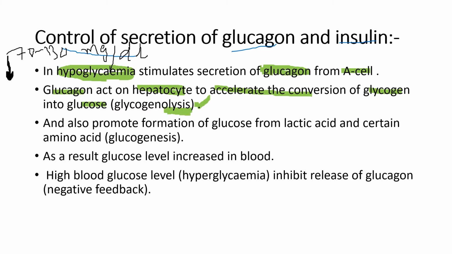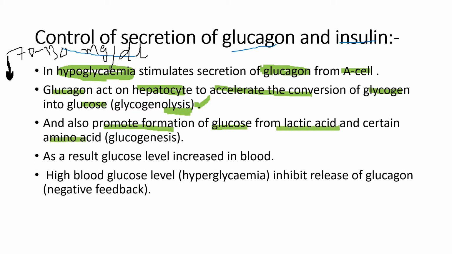So lysis of glycogen is known as glycogenolysis, and that leads to formation of glucose, and it also promotes the formation of glucose from lactic acid and certain amino acids.